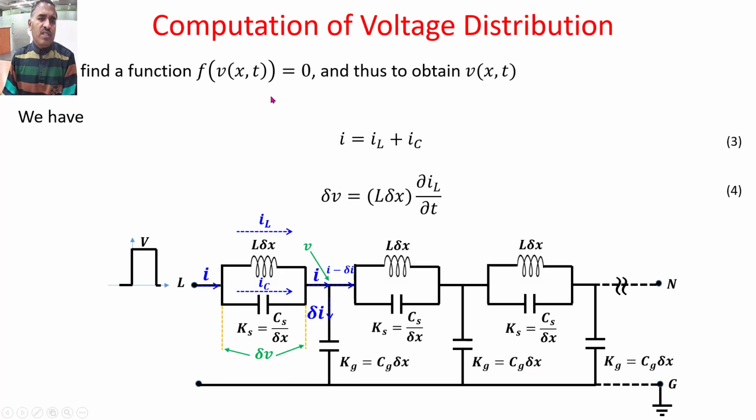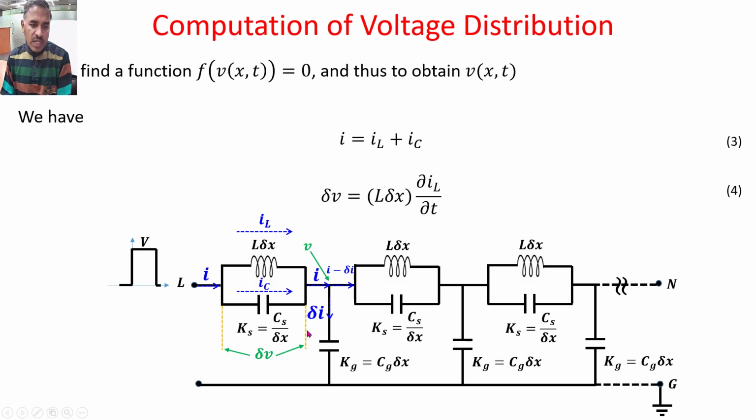Now, the objective is to find a function f of v comma x comma t equals 0, and then obtain a solution for this kind of circuit. So, we have I equals IL plus IC, because the inductive current plus the capacitive current have both come into the picture. And here delta I will be going through these capacitances. This node voltage is small v.